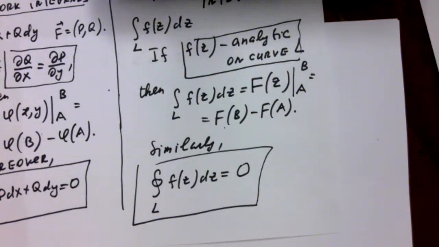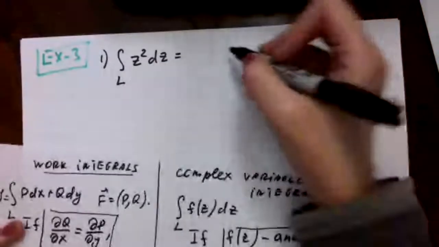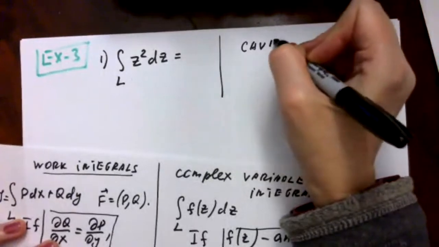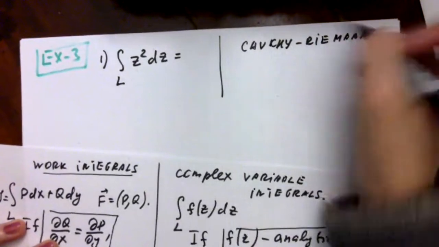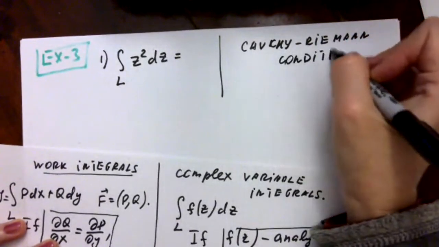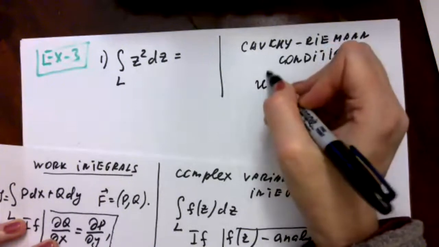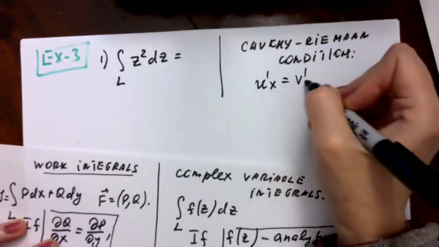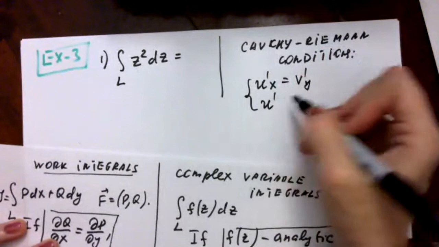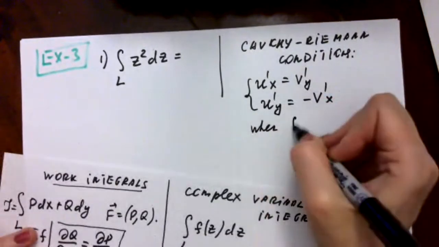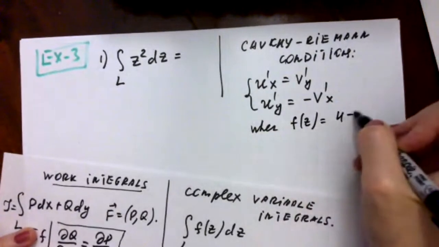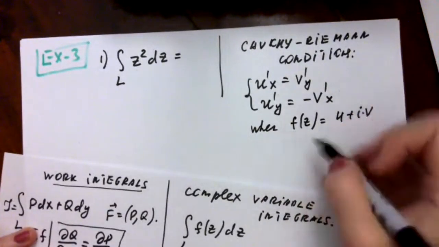Generally, you need to check the so-called Cauchy-Riemann conditions. Let me remind you how they look. u prime x is equal to v prime y, and u prime y is equal to minus v prime x, where f of z could be viewed as u plus i times v.